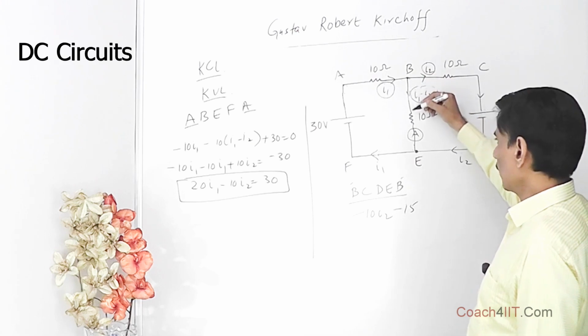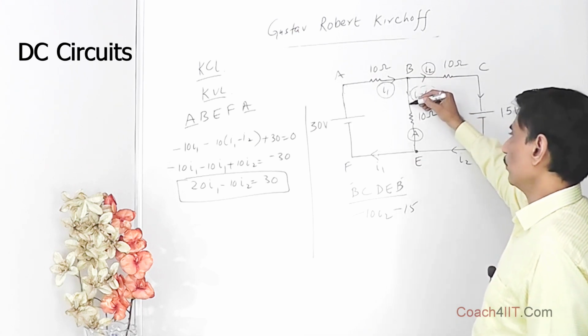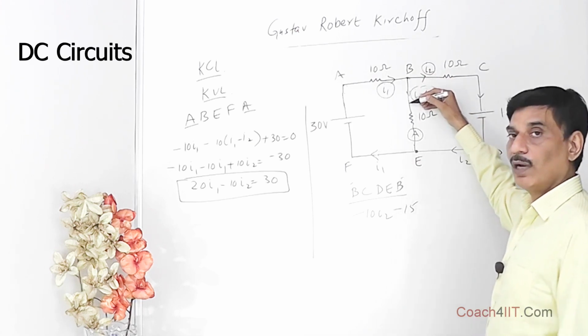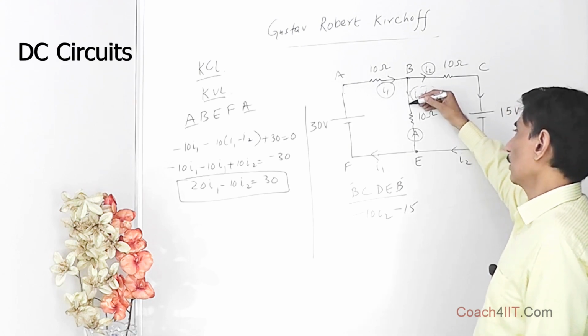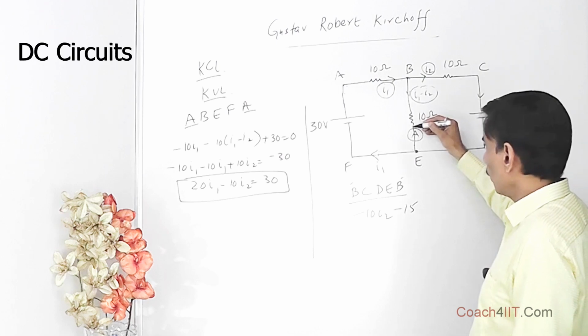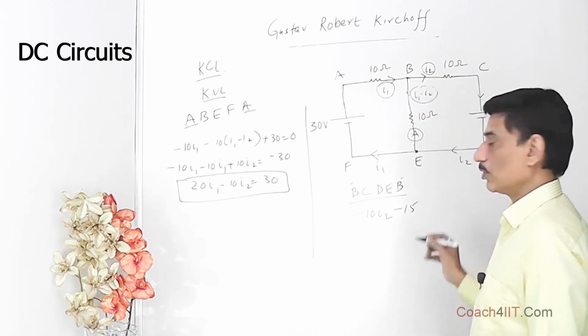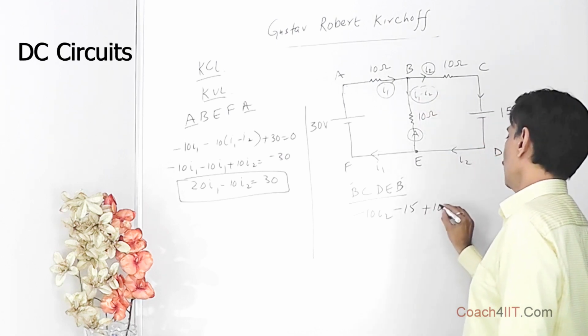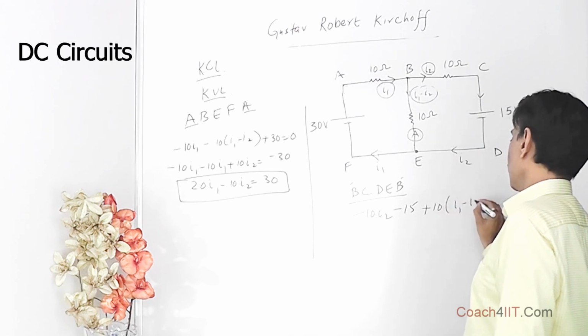Obviously, we know conventional current moves from a higher electric potential to lower electric potential. So the electric potential of this is greater than this. So when we are going from here to here, there is a gain of potential, so it is going to be plus 10 into I1 minus I2.